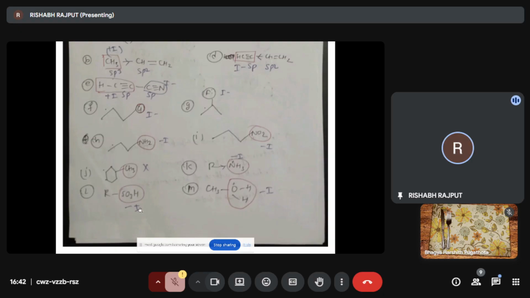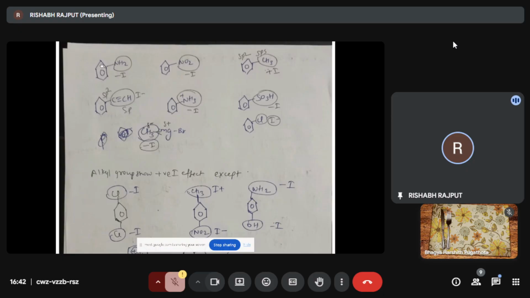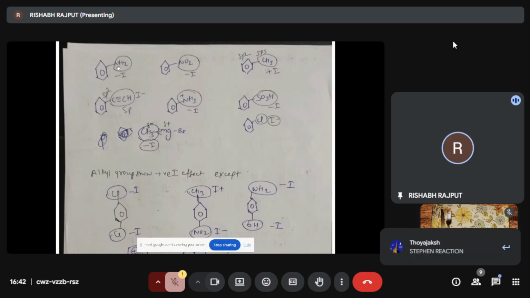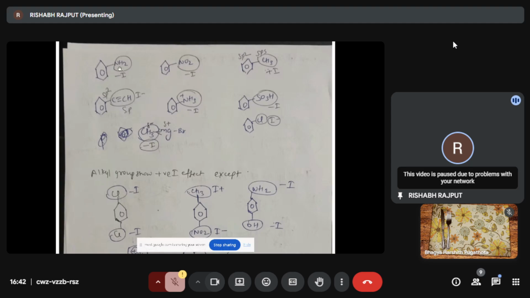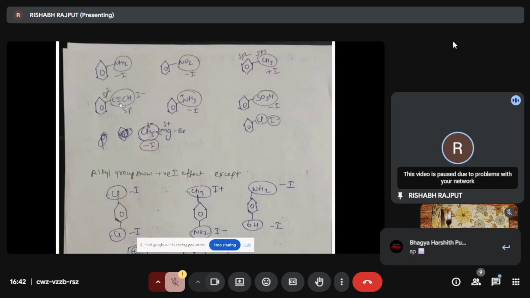You see SO3H, NH3 plus, O. Every carbon... So that is why this CH3 will show plus effect, this benzene will show only CH. So that is why this triple bond has minus effect.